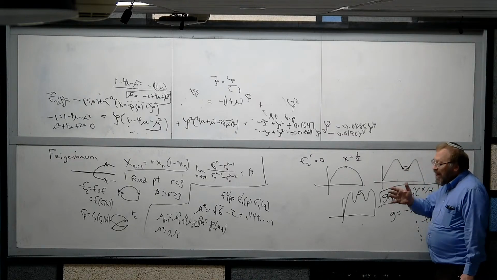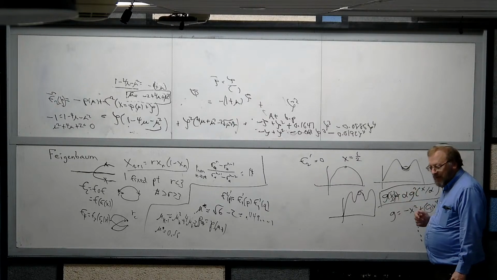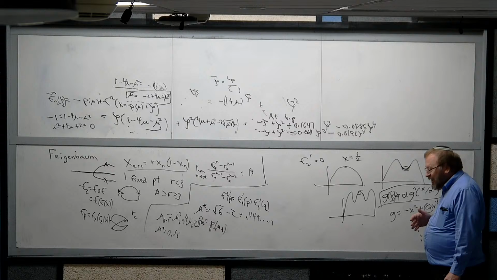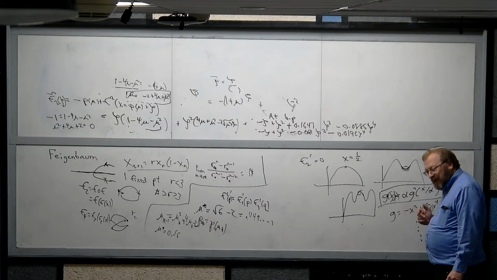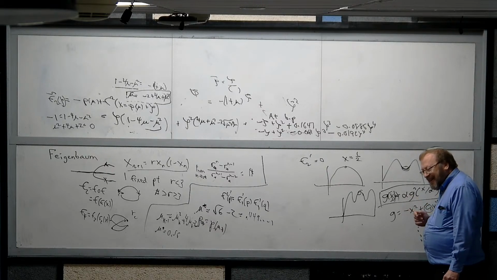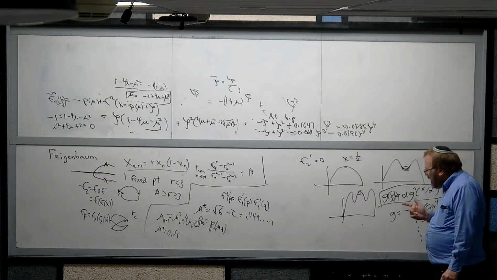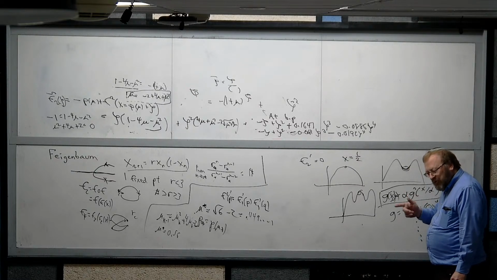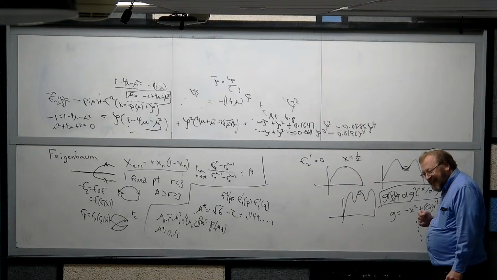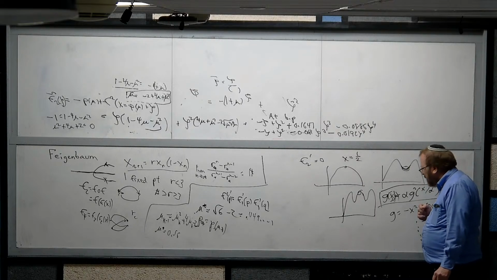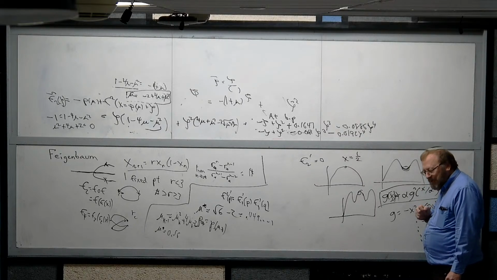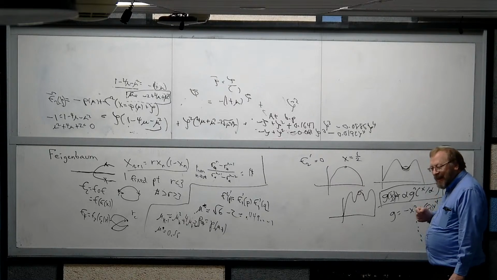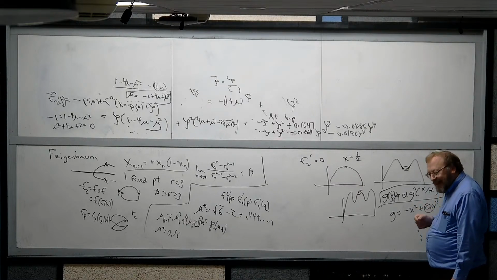And Strogatz says it's too complicated for him to explain, because the mathematics involved is too hard, so I don't understand it. I tried to read Feigenbaum, and it's completely impenetrable. And I guess Strogatz couldn't understand it either.